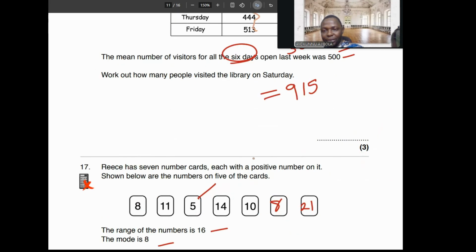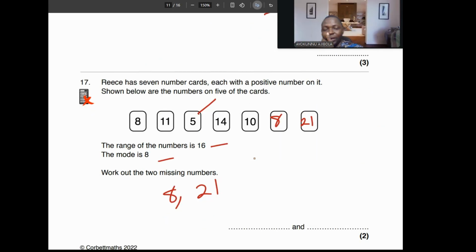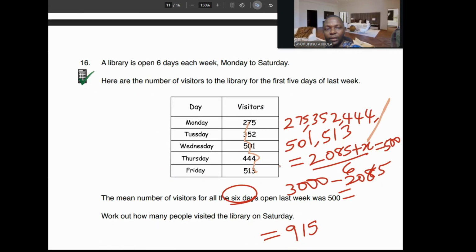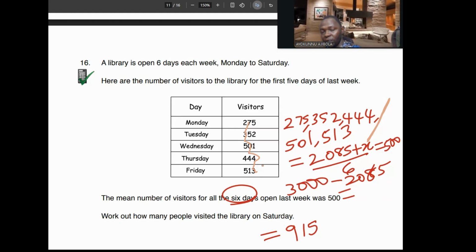So then number 17, what do you get? What are the two missing numbers? Wait, how did we get 915 again? Okay, we added all of the 5 days. Then we found the total for the 6 days by multiplying 6 and 500.